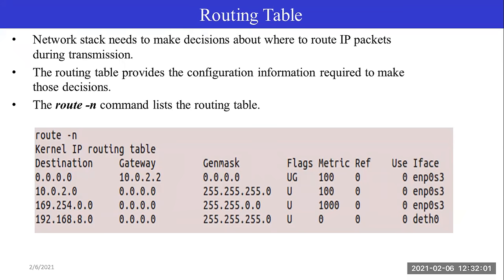Similarly, another entry is 192.168.8.0. If you are sending any packet to 192.168.8.x, 123 or anything, that packet will be sent to deth0. That means the packet will be sent to the device driver of the corresponding deth0 interface. But as you know, there are tons of IPv4 and even IPv6 addresses available whenever you are accessing google.com, YouTube, or anything else.